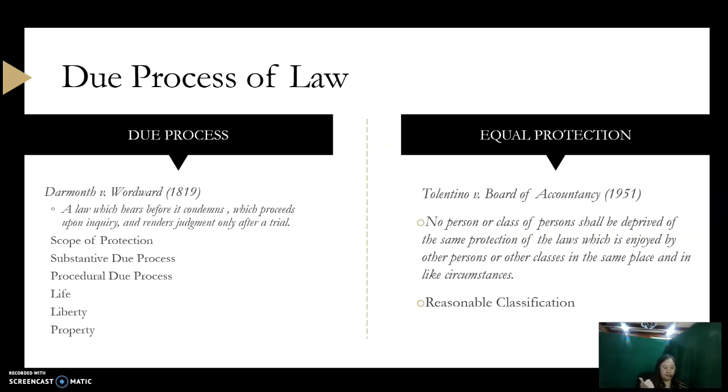One, it must be based upon substantial distinction. Two, it must be germane to the purpose of the law. Three, it must not be limited to existing conditions. And fourth, it must apply equally to all members of the class.